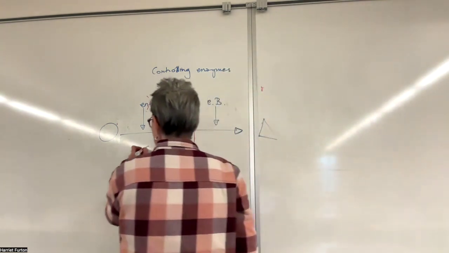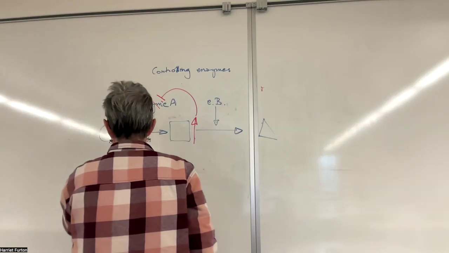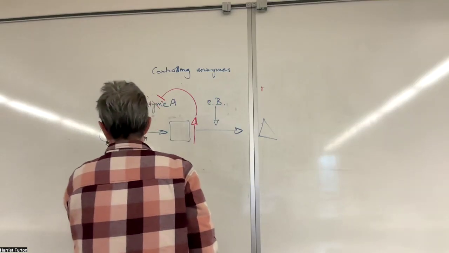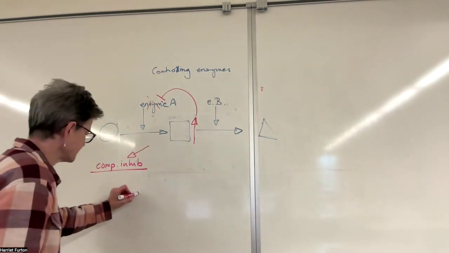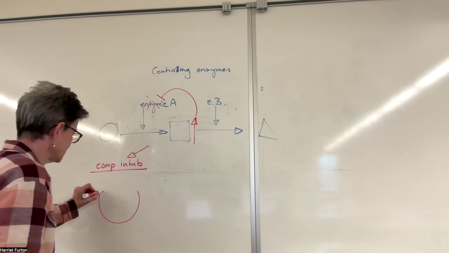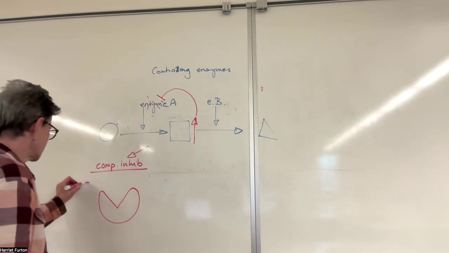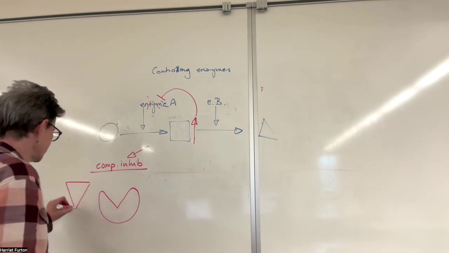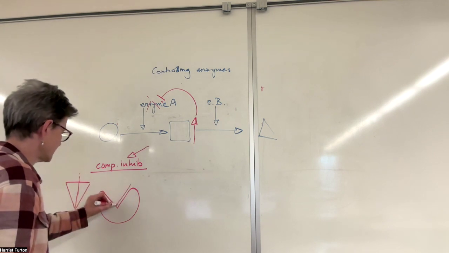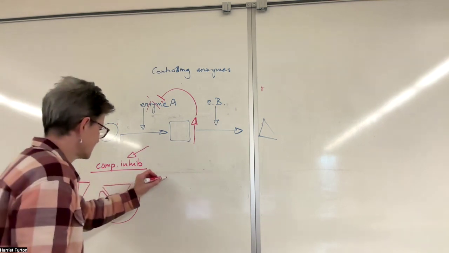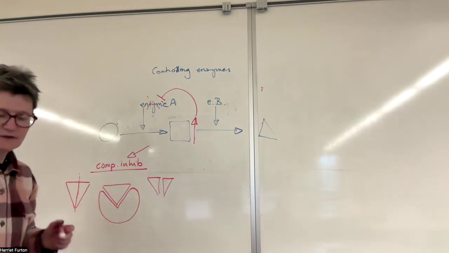We have two types of control: competitive inhibition. This is one of them. When we have an enzyme, and let's say this enzyme is cutting the triangle in half. It will sit in here, and when it comes out, it will be 2 triangles.